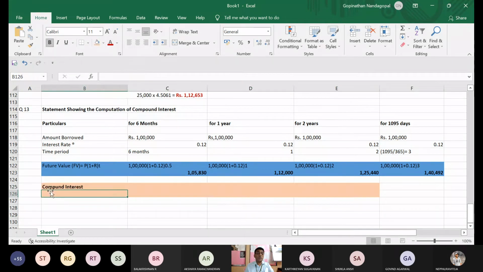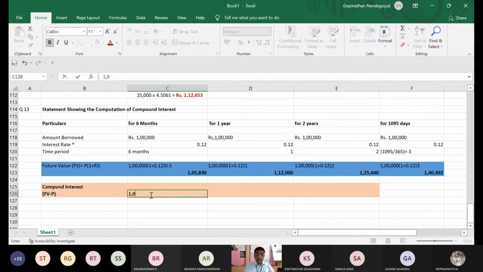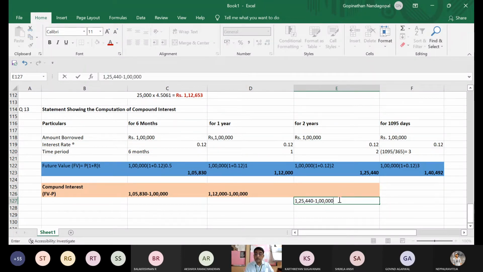Sir, you know what is the formula for compound interest here? Future value minus your principal amount. So you take the first case. Future value is 1,05,830 minus 1 lakh. The second case, 1,12,000 minus 1 lakh. Next, 1,25,440 minus 1 lakh.